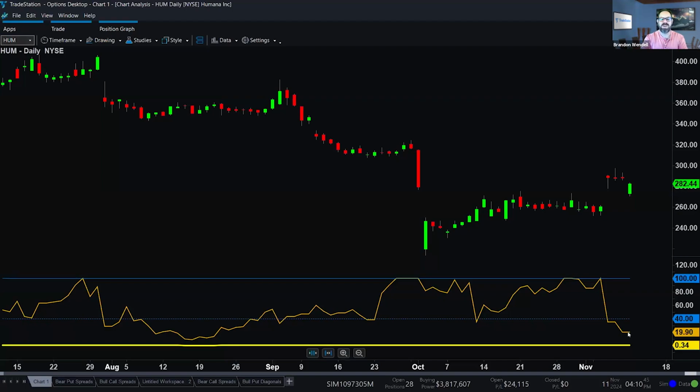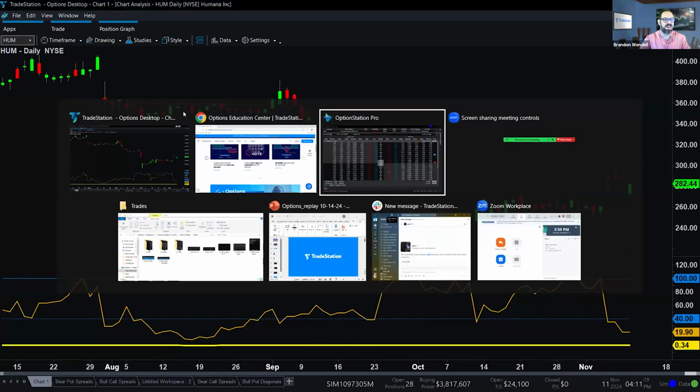It's in the lower fifth. 20% would be the lower fifth, 20 to 40 is section 2, 40 to 60 is section 3, 60 to 80 is section 4, where implied volatility is relatively high and options are likely to be a little bit higher priced. And then we have 80 to 100. So right now, Humana is very inexpensive, theoretically. Again, it may not be, but we can now go take a look at Humana options.